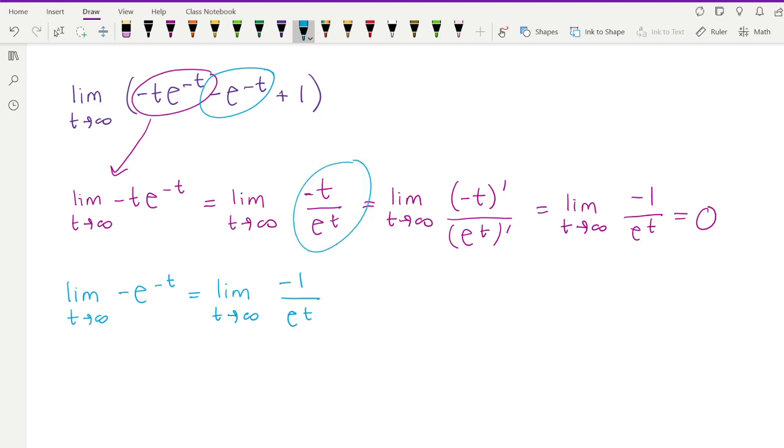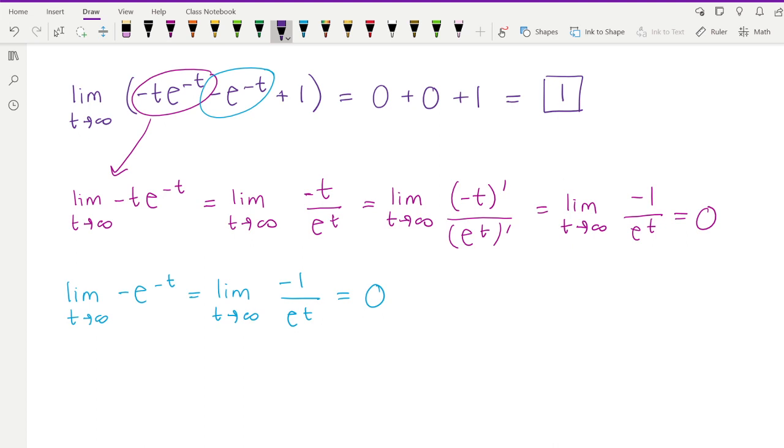That's what we had at the end, right? So the limit as t approaches infinity of negative 1 over e to the t is equal to 0 again. And so now we can return to our answer here, and we see that we get 0 plus 0 plus 1, and so our final answer is 1. So this improper integral converges.